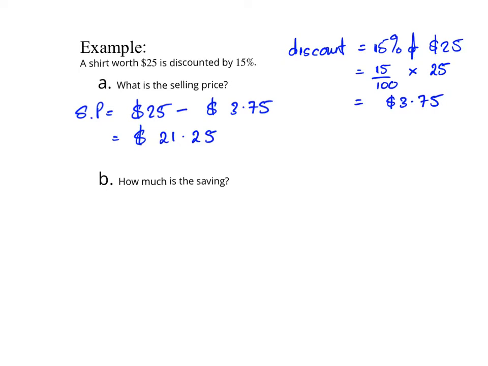How much was the saving? Well, again, this is something you've already worked out. You just have to be able to translate the words. How much is the saving? What they're actually asking for there is, what is the discount? So what was the discount? Well, it was this much over here, wasn't it? It was $3.75.